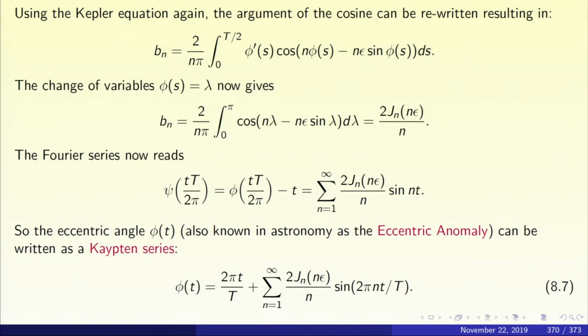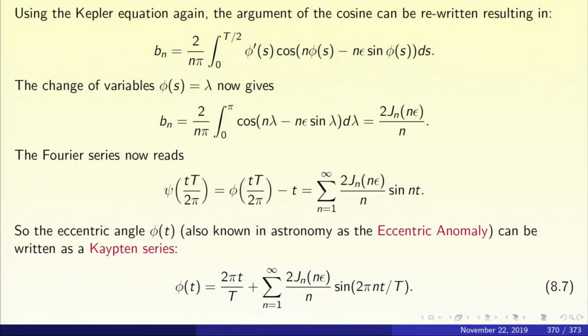But what is this integral representation? Remember, in the very first module, we derived the integral representation for the Bessel function. We recognize this integral as the Bessel function of order n. It is exactly Jn of n epsilon.